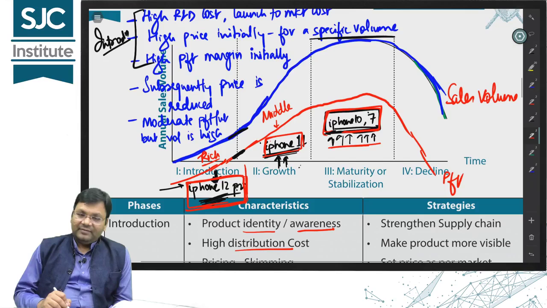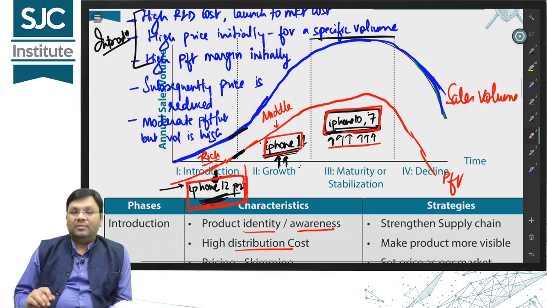The day they decided to keep the product price low and reach all segments, that decision was taken in Apple, and after that, within a short span of time, they became the world's most cash rich company. Today also, the world's most cash rich company is Apple.